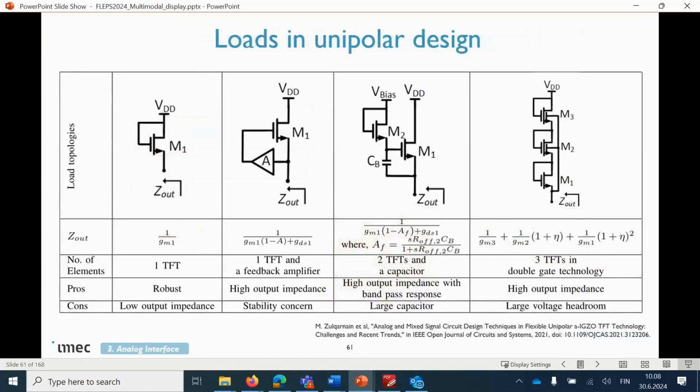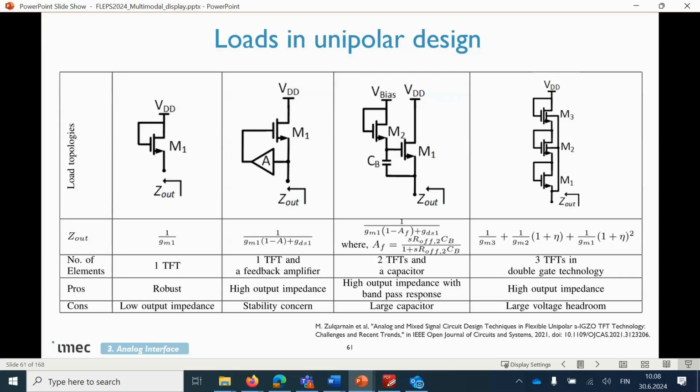There are other loads out there, of course. Unfortunately, there's no time to go more into them. We talked about these first 2, the normal diode load and the feedback load. But there is also the bootstrap load, proposed more than 10 years ago by a PhD student at IMEC, where you use a capacitor to provide feedback from the source of the transistor to the gate.